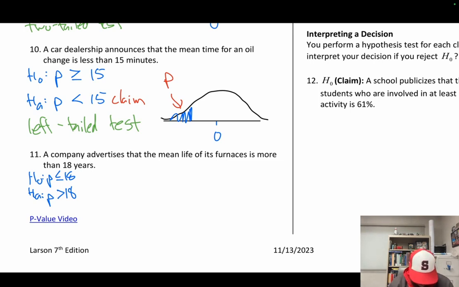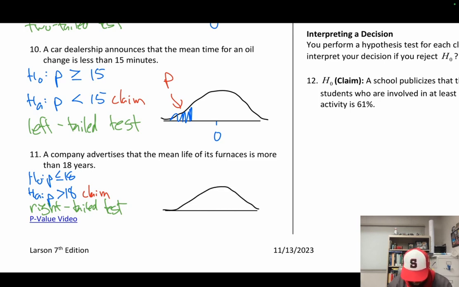Our claim is more than, so that's our alternative. And since we are more than, we're going to the right, meaning we have a right-tailed test. These don't have to be perfect sketches, but enough to see what we're doing. And then our right-tailed, our shaded side, that is our p-value.